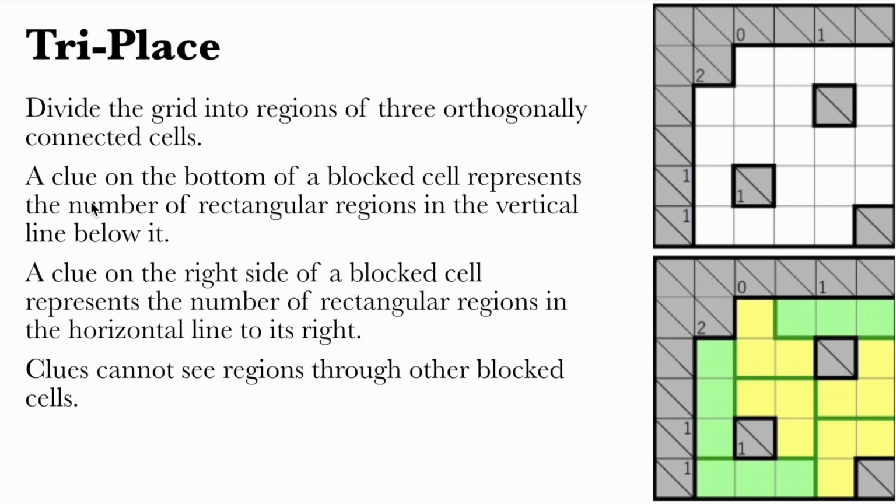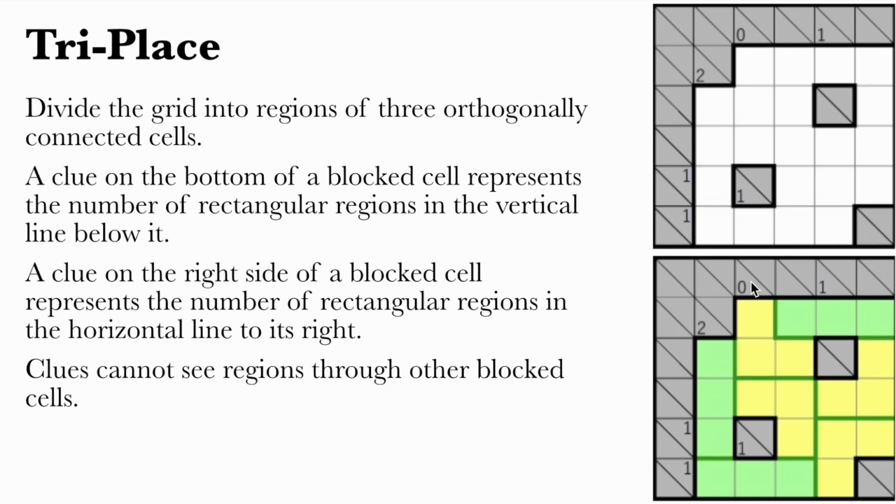So these diagonal lines tell us whether the number is referring to the column or, in this case, the row. That's just to differentiate in a case like this cell where there is both a column and a row leading away from it. Clues cannot see regions through other blocked cells.